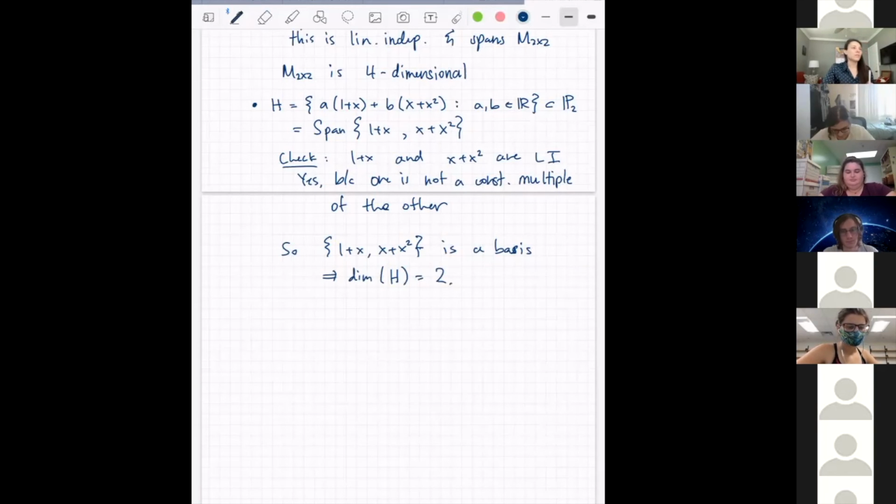Okay, right, so this is dimension in some different contexts, and let's talk about a couple of results we have.